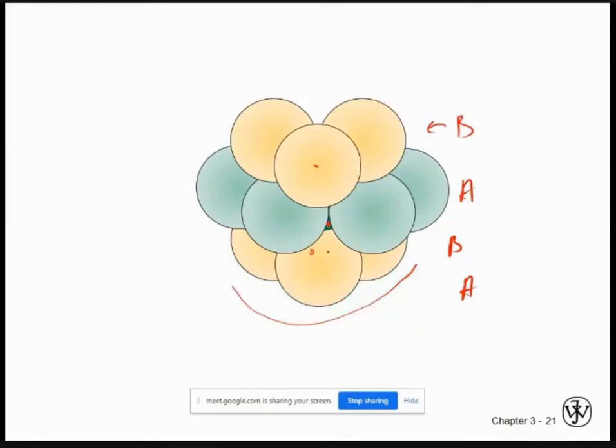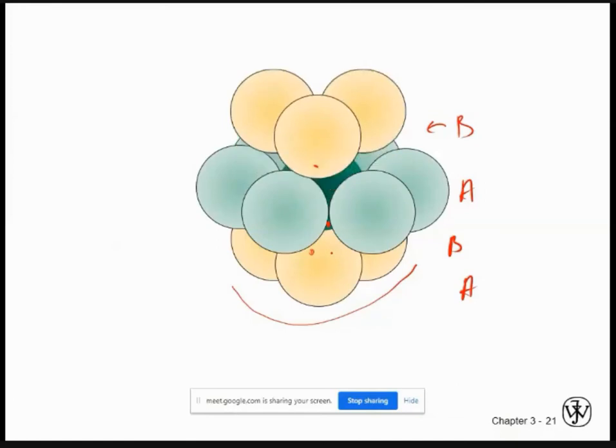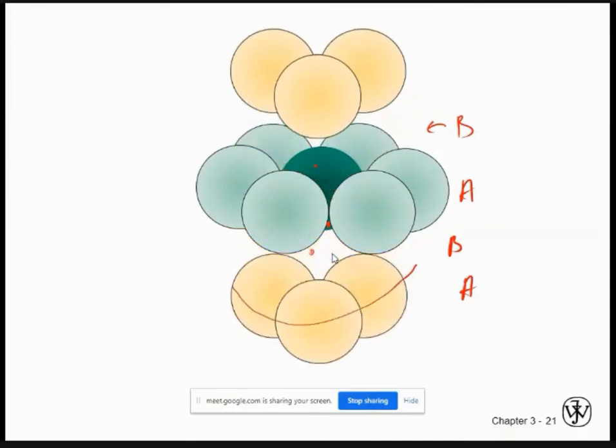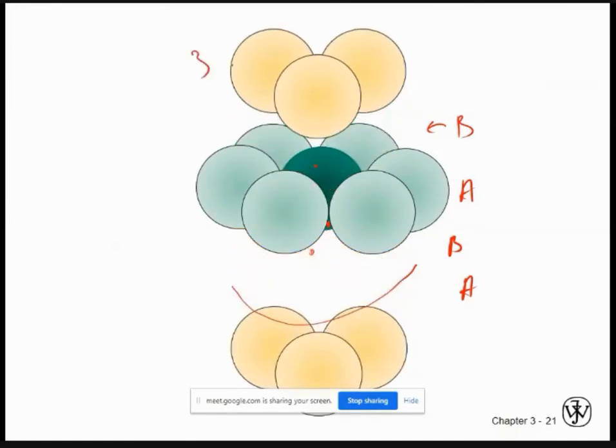So let's get rid of it. If you just separate it a little bit, it will be easy to see it. I have 3 over here that touches this atom, 6 around it, 1, 2, 3, 4, 5, 6, and 3 underneath. Underneath, in total, 12. The coordination number for HCP is 12.